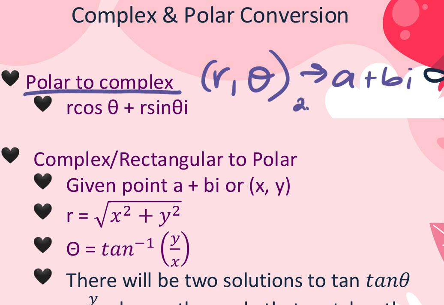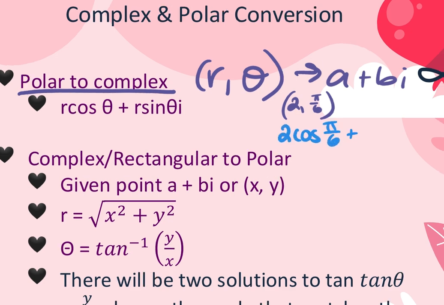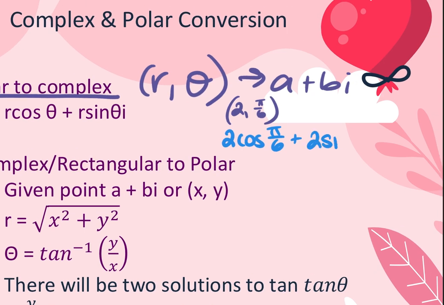So if I had 2, pi over 6, I'm going to keep going back to the same one. That is polar. And if I want to get into complex, I would do 2 cosine pi over 6 plus 2 sine pi over 6, and I add the i on to make it complex.